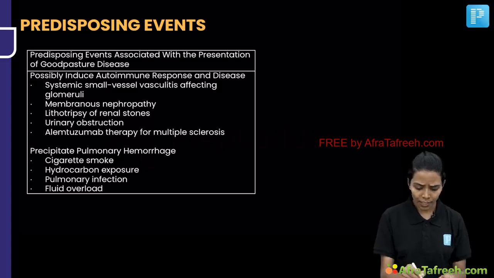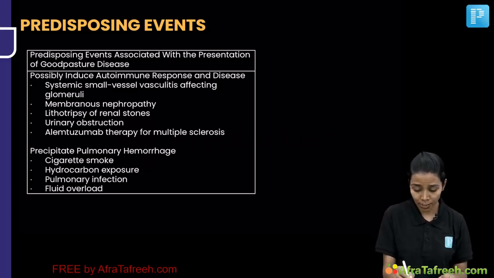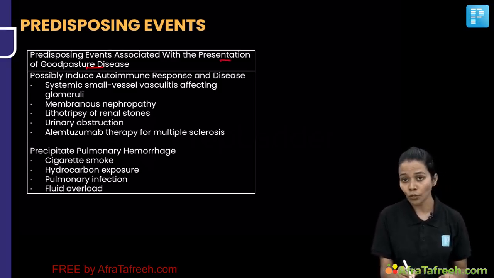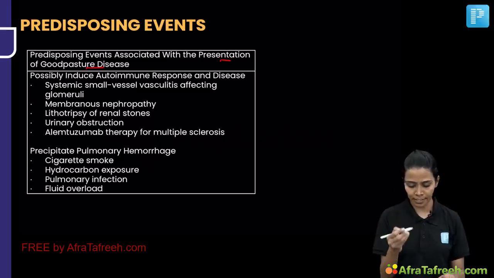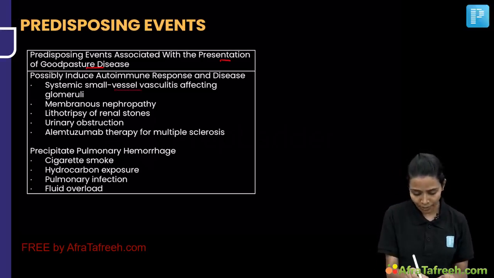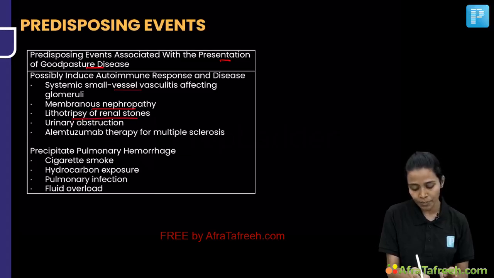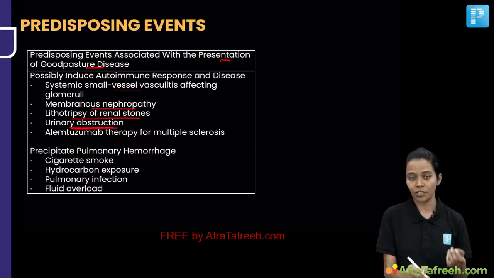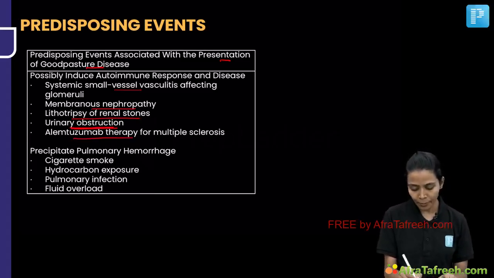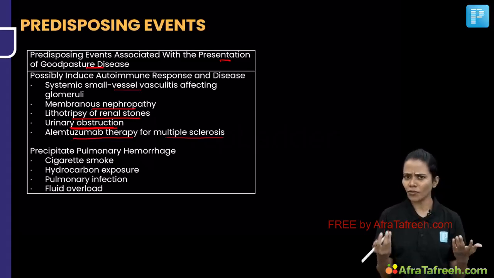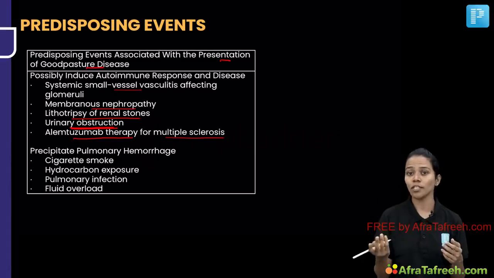So these are the predisposing events associated with presentation of Goodpasture disease. Possibly this induces an autoimmune response and hence causes the disease. So it can be a small vessel vasculitis affecting the glomeruli, like I already told, membranous nephropathy, or it can be renal trauma like lithotripsy of the renal stones, or urinary obstruction, and alemtuzumab therapy for MS. This can be because of the antibody deposition and causing glomerular damage, exposing the alpha 3.